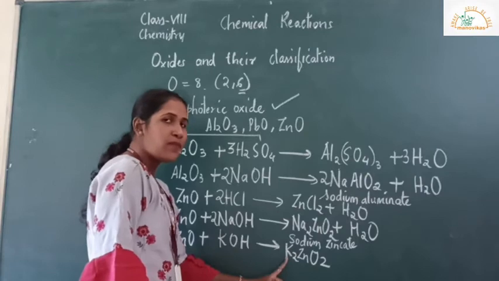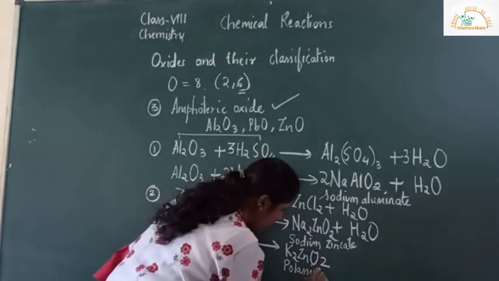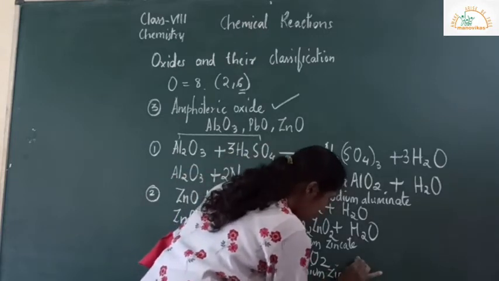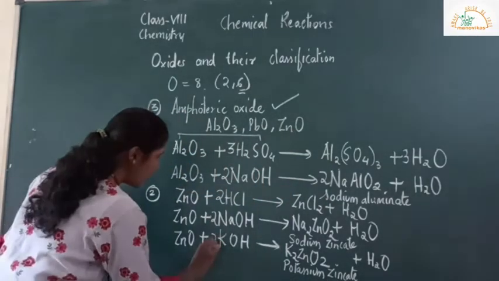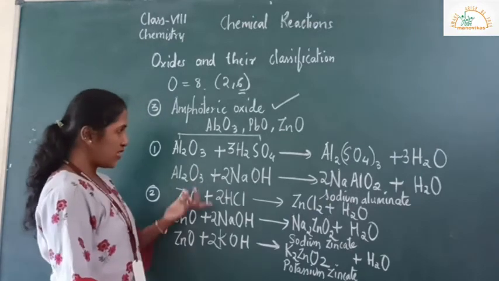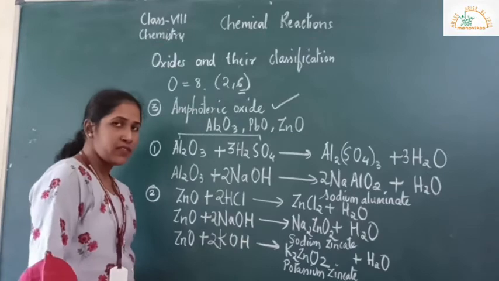It will become, correct, potassium zincate plus water. Okay. So again the equation is already balanced. Got it? So these are some of the examples of amphoteric oxide.